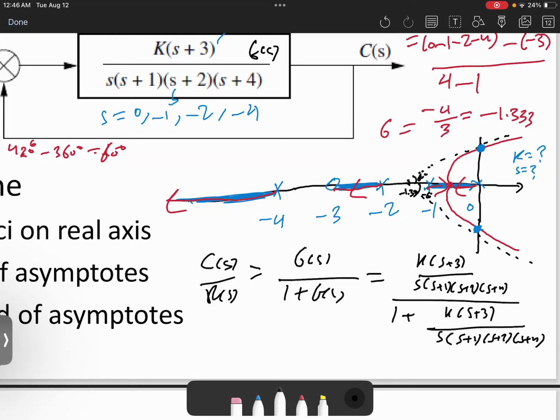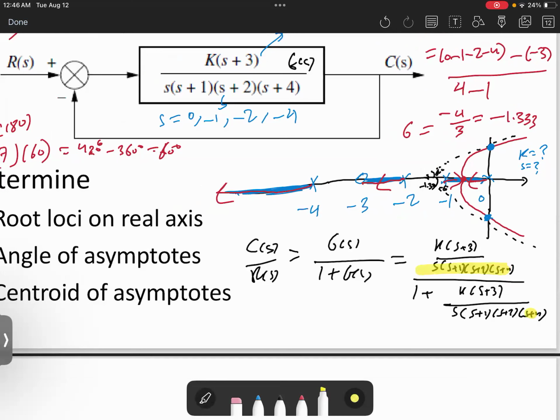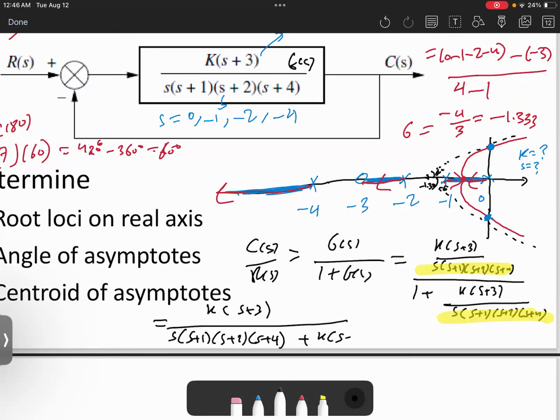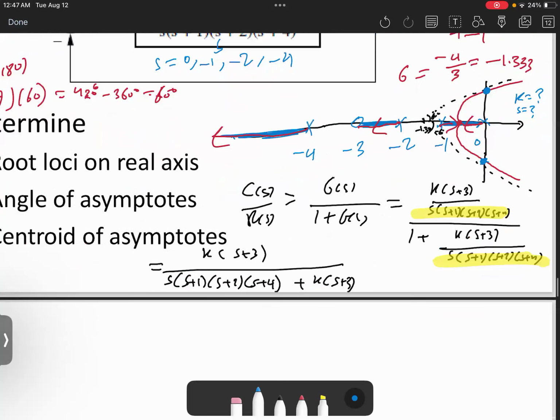Then let's multiply by the denominators of these two. When we simplify, it will be k(s plus 3) divided by s(s plus 1)(s plus 2)(s plus 4) plus k(s plus 3). Then look at the characteristic equation, which is the denominator here. This is the characteristic equation. Now, let's do a simplification.